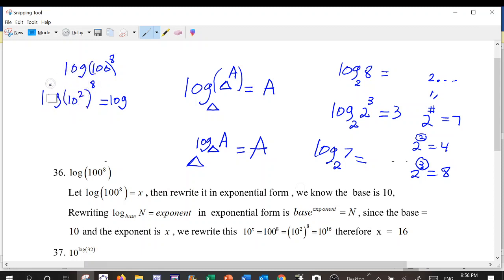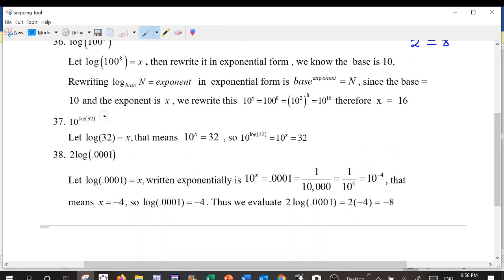That's what log applies to, right? So the argument would be 10 to the 2 times 8, which is 16. Remember, we multiply the exponents. Now, this answer is 16. Why? Because you see there is a 10 here. The bases are the same, so they cancel each other, right? So we get that.